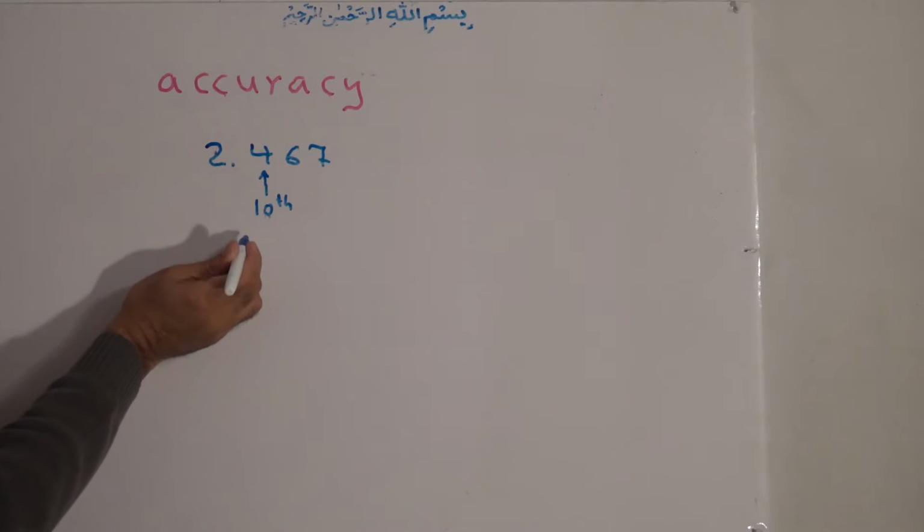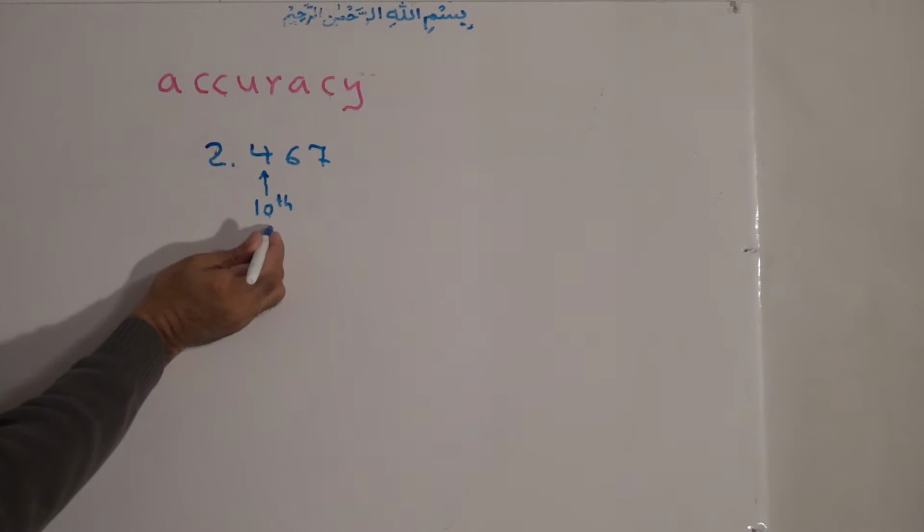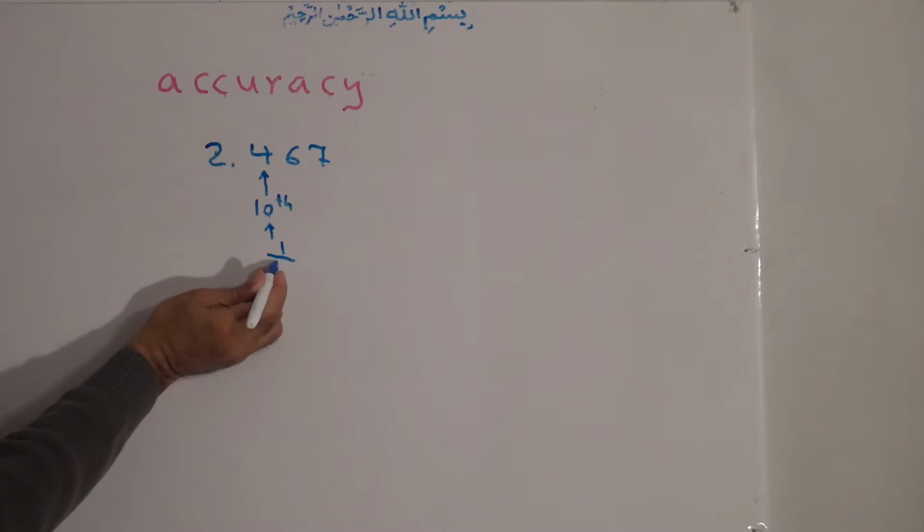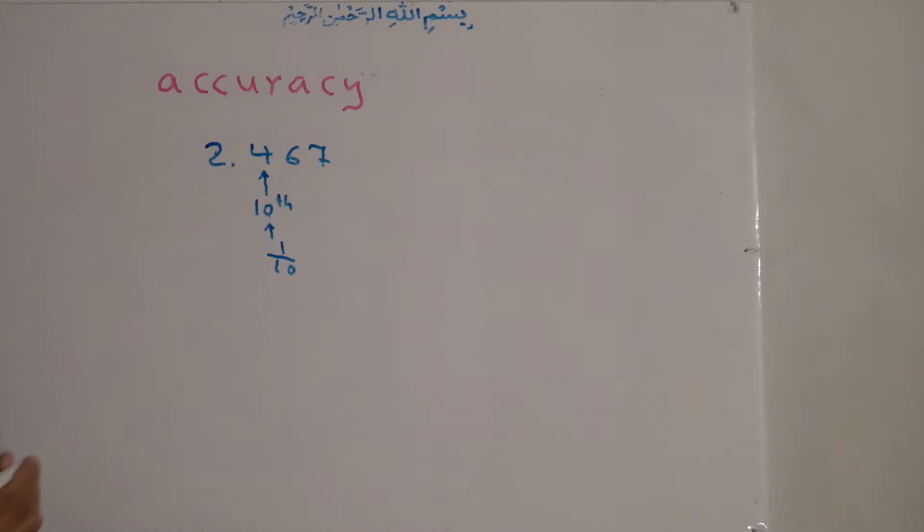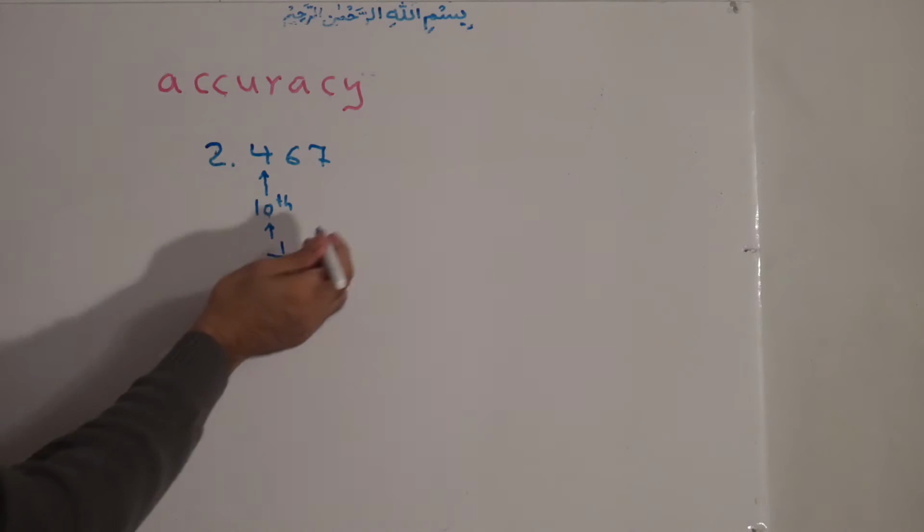Someone may say 1 digit accuracy, or tenths accuracy, or 1/10 accuracy. All are the same.